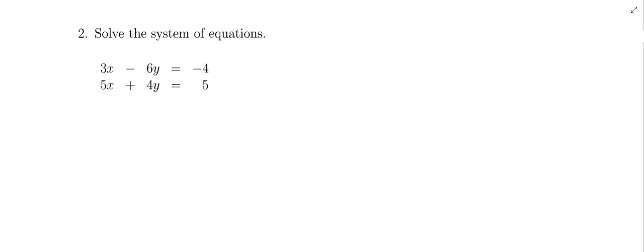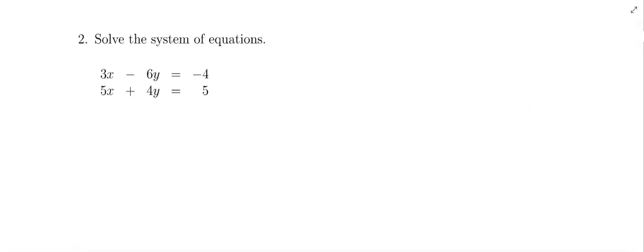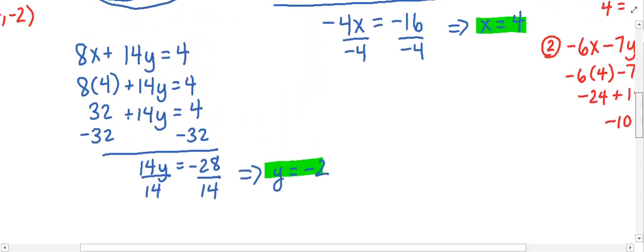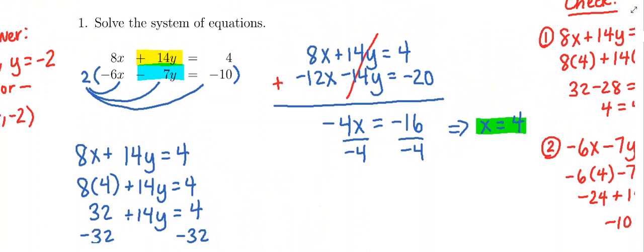Again, I'm going to do elimination here. For this one, it's not as obvious how to eliminate. If you scroll back to example 1, it was a bit more obvious as to which variable to eliminate. You were comparing 14y with negative 7y.